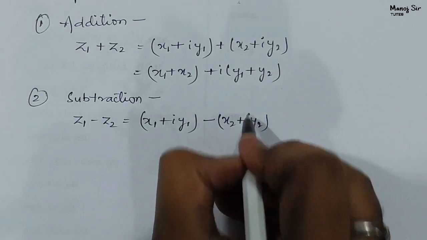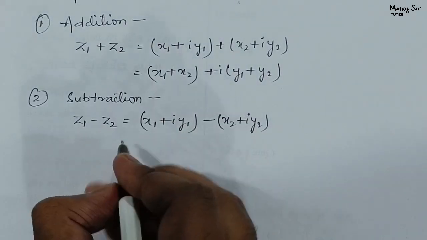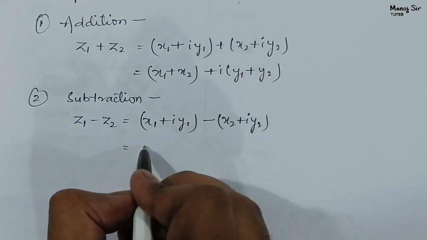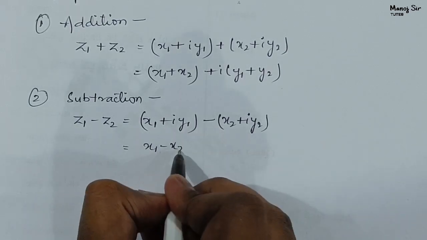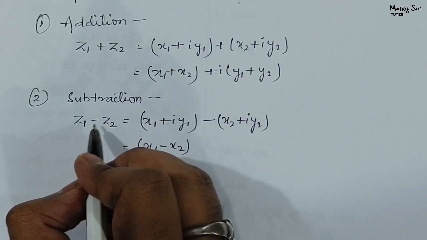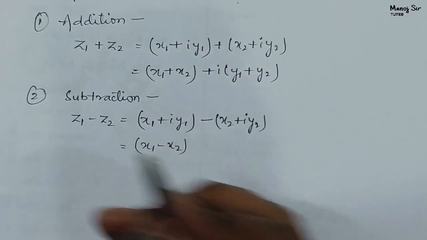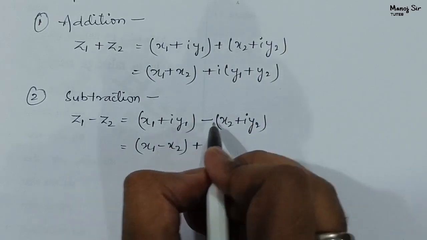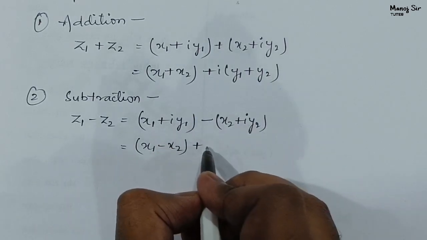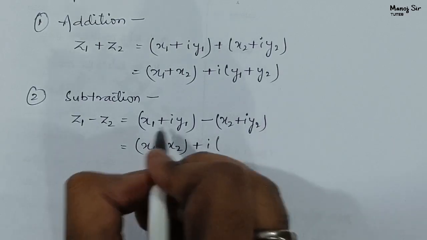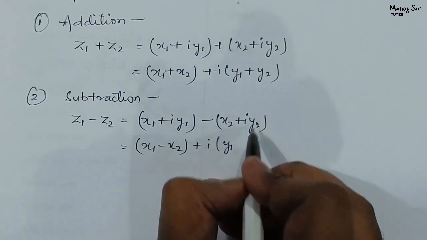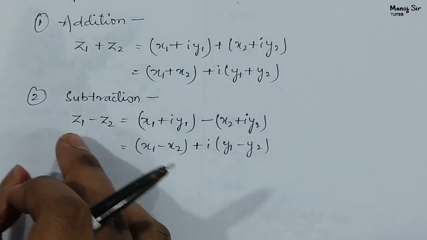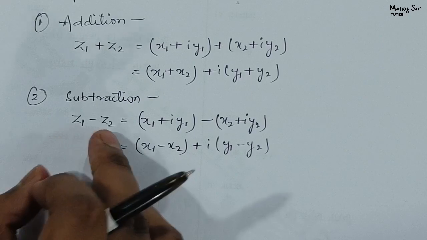Okay, now if you open this bracket, yes, x1 minus x2 will be the real part of the subtraction, that is z1 minus z2. Okay, here we have i times y1 and here we have minus of i times y2. So if we take i common, here we have y1 minus y2. This is the subtraction of these two complex numbers, that is z1 minus z2.